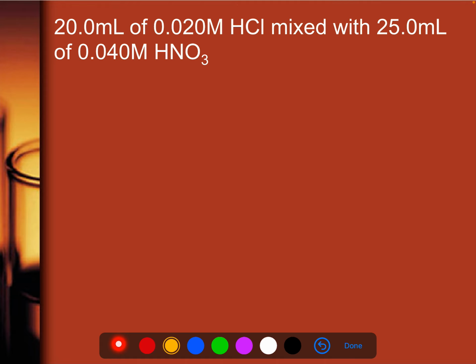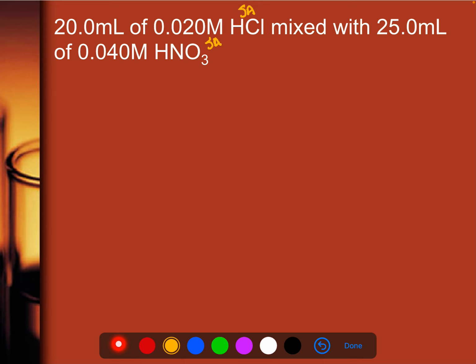Looking at this example, it says we have 20 milliliters of a 0.020 molar hydrochloric acid mixed with 25 milliliters of a 0.040 molar nitric acid. Hydrochloric acid is a strong acid, and nitric acid is also a strong acid.